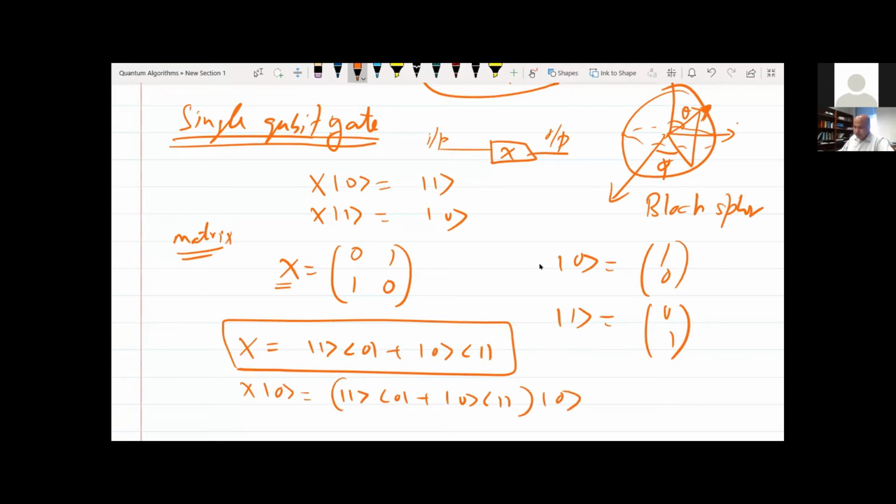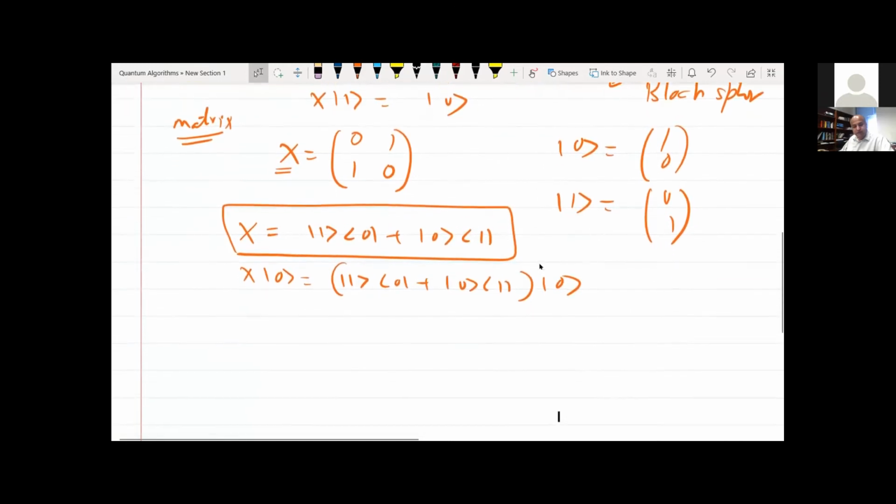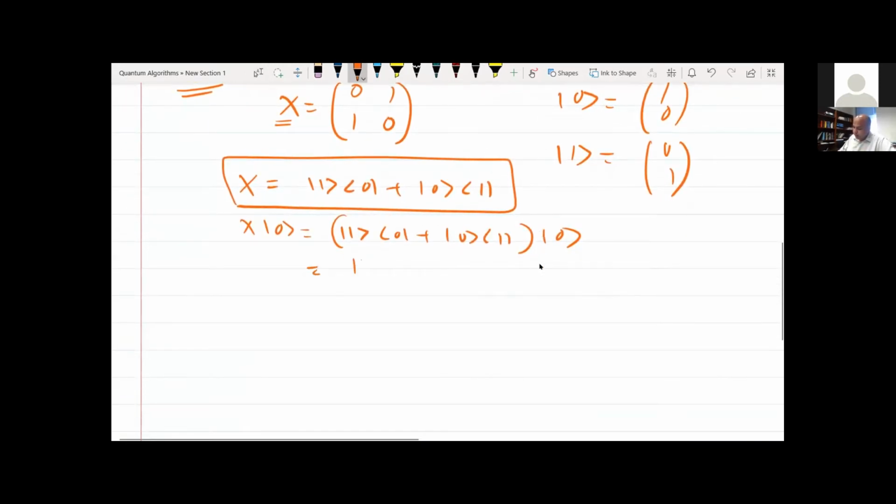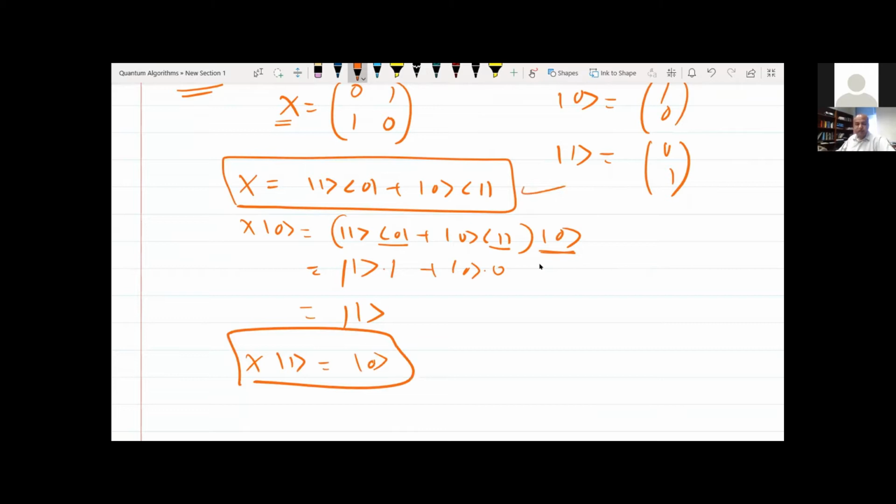So this 0 comes here, and by using the orthogonality of states, when this 0 is inner product with 0, I get 1. And when this 1 inner product with 0, I get 0. So ultimately, I get 1. Similarly, when this X operates on 1, you can check with this notation, you will get 0. So I can use this operator form as well to represent these gates, because these gates are nothing but unitary operations on these qubits.